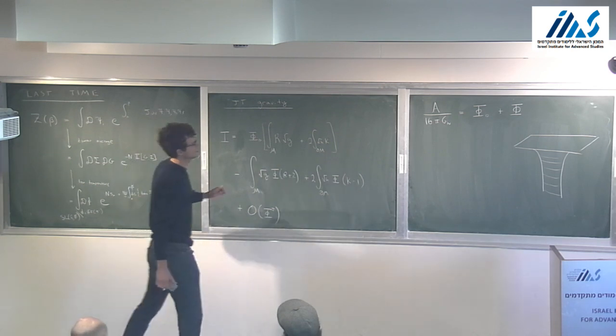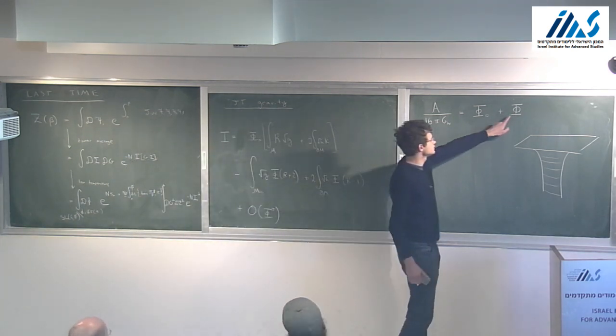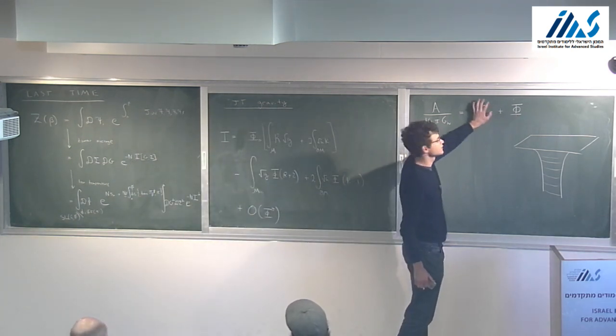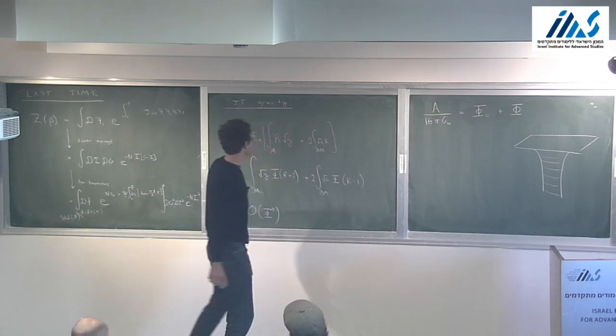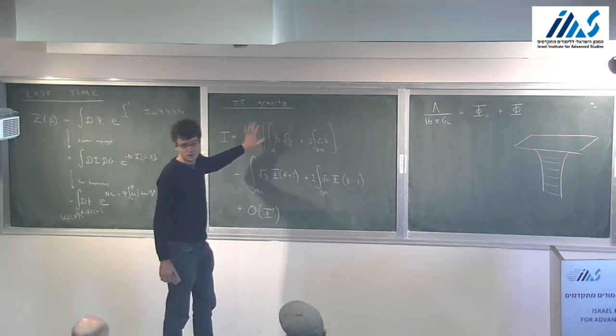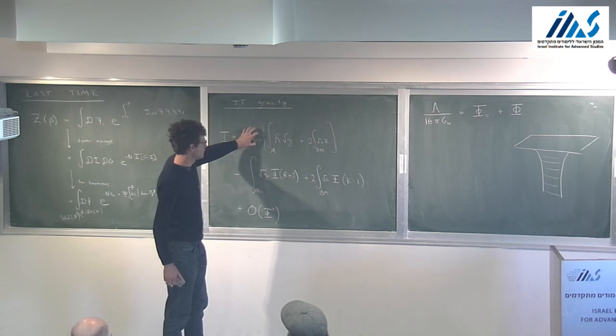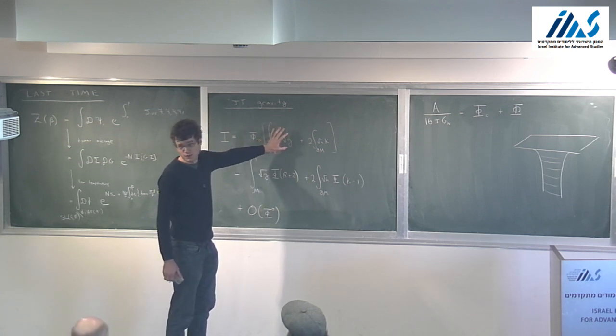So we imagine that we're expanding the higher dimensional action in powers of this small deviation phi from the extremal area. And the leading term will be this term here. That's proportional to just the extremal area. But this term is topological. So we need to go to next order to get a non-trivial theory.